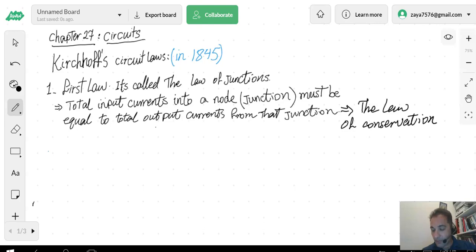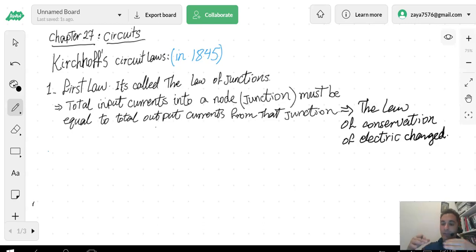Conservation of what? You tell me. Energy, momentum, mass, which one? The law of conservation of electric charge, which I explained last week in chapter 26. So it says total input to a junction is equal with total output from that junction.